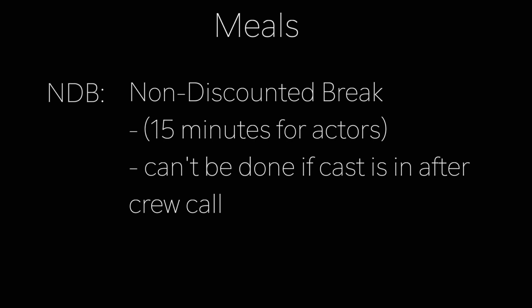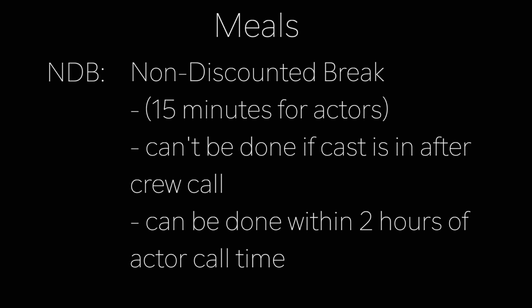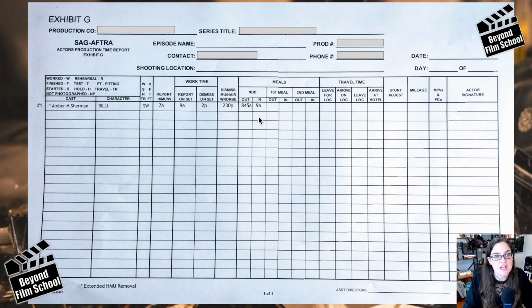You can't NDB an actor if their call time is after the crew call. There's no point to NDB them. It doesn't matter, right? Because they're already in when the crew is in. And this is to, remember, align the actors who have pre-calls with the crew, so we're all breaking at the same time and avoiding penalties. Okay, so if I am in at 7, you have 2 hours to NDB me. So that means I can NDB all the way up until 8:45 to 9 a.m.